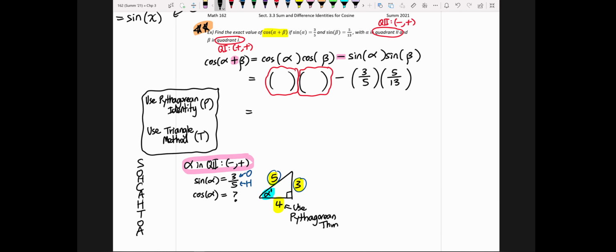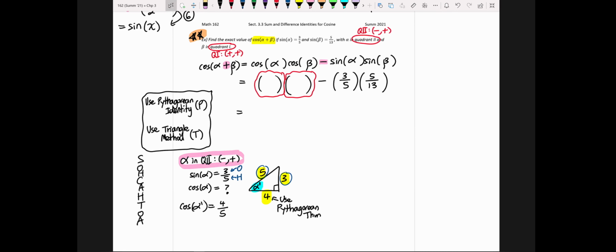Okay, so that means cosine of the reference angle. Cosine is adjacent over hypotenuse. That's 4/5. Remember, sine is opposite over hypotenuse. Cosine is adjacent over hypotenuse. So this was adjacent over hypotenuse. However, since we're in quadrant 2, cosine is negative.